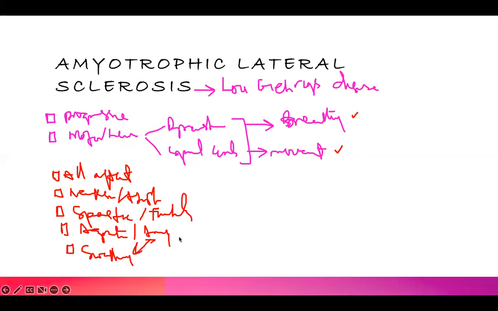Those are priority 1 and 2, airway and swallowing problems. And this is what killed them. They died from respiratory failure. They will have difficulty speaking, something called dysarthria, and chewing will be a problem too. It's all related.